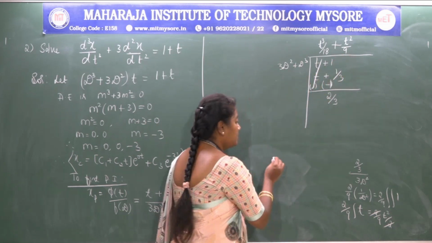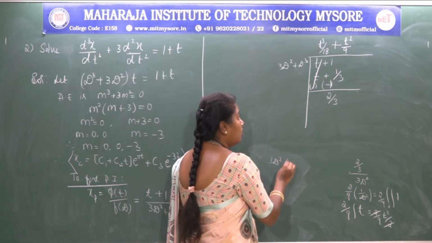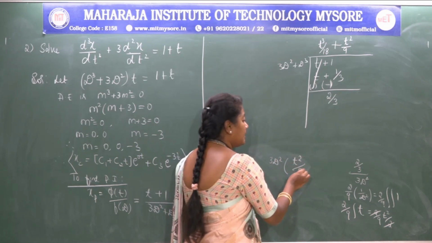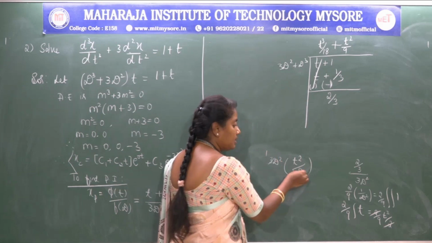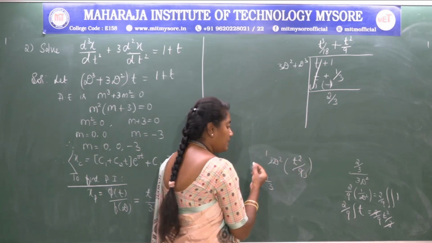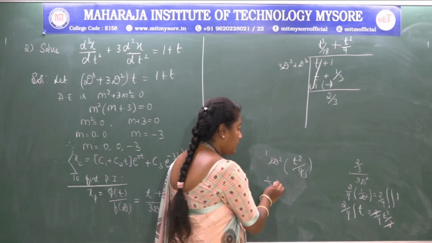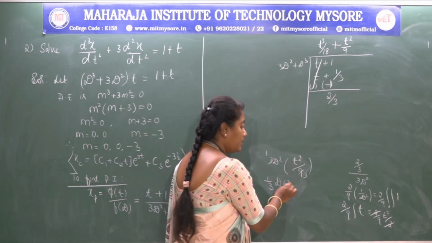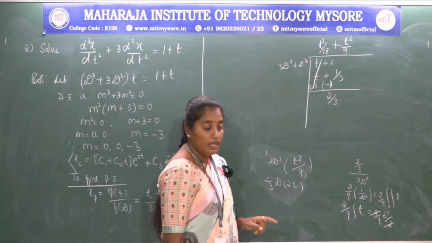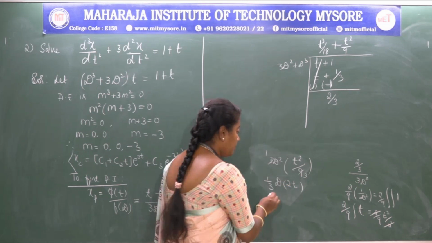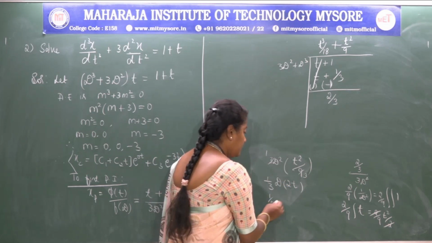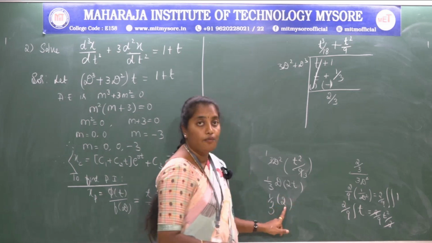Multiplying with the factors, 3D square of t square by 9 is equal to, here 3 ones are 3, 3 threes are 9, 1 by 3 is the constant term. Differentiating once, differentiation of t square is 2t. Differentiating one more time, differentiation of 2t, we get 2.